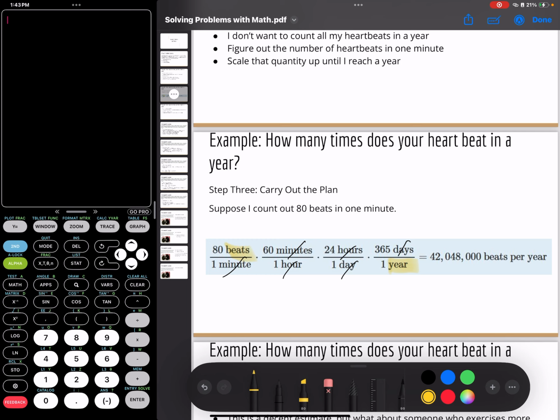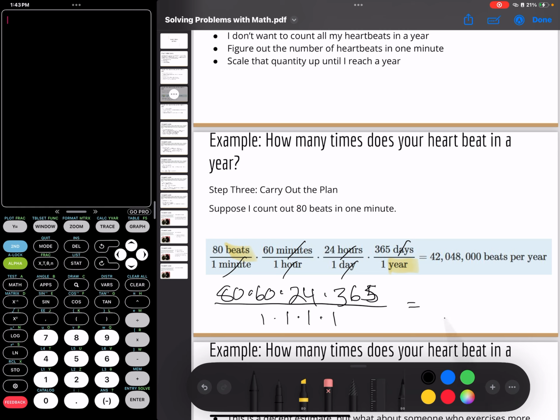Well, how did I actually do this calculation? Here's what we do. Let's do that in black so you can see better. 80 times 60 times 24 times 365 and divide that by 1 times 1 times 1 times 1. Great. I love the denominator of this problem, don't you?